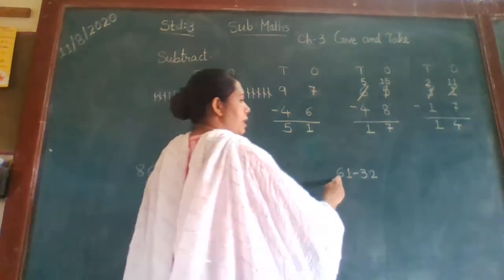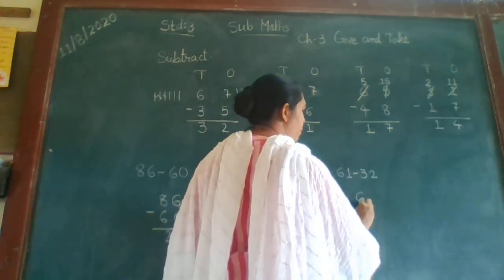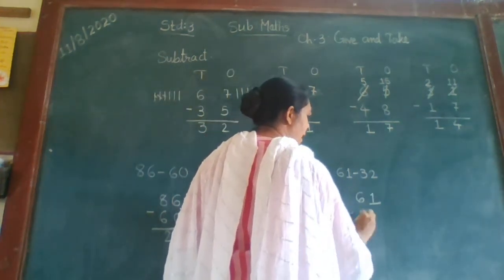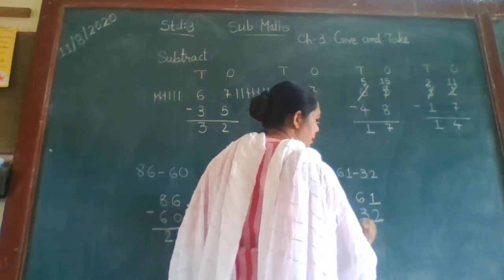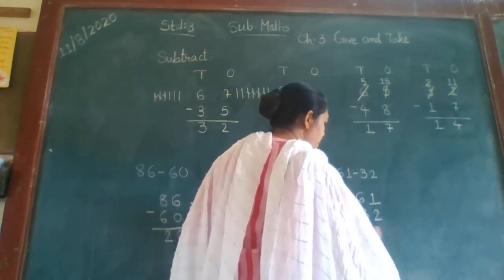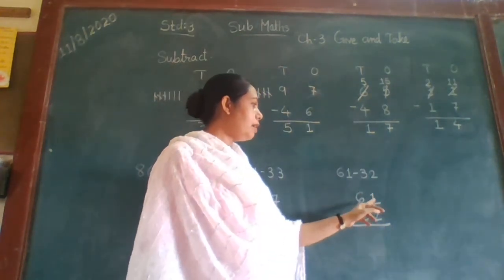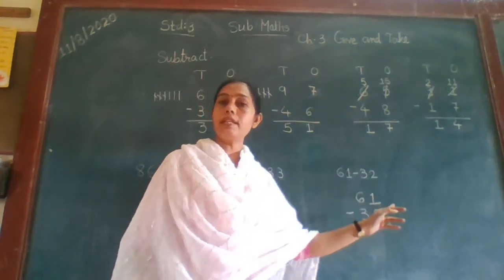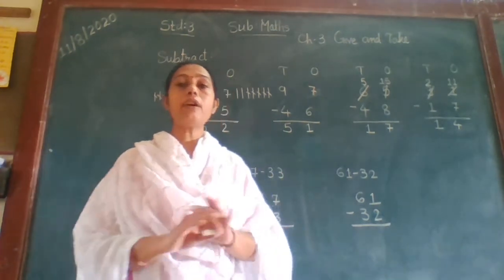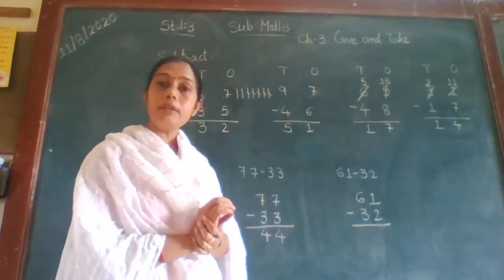Now 61 minus 32. First we subtract the ones place. So 1 minus 2. 1 is smaller than 2. We cannot subtract 2 from 1.